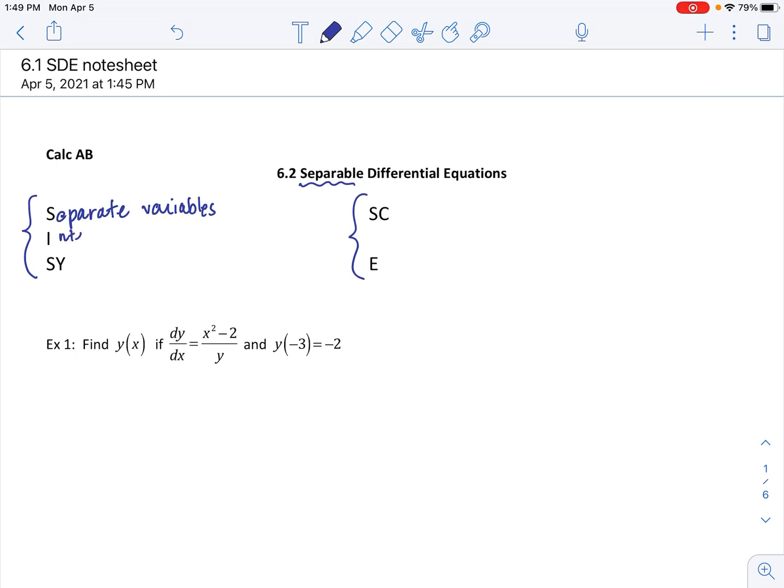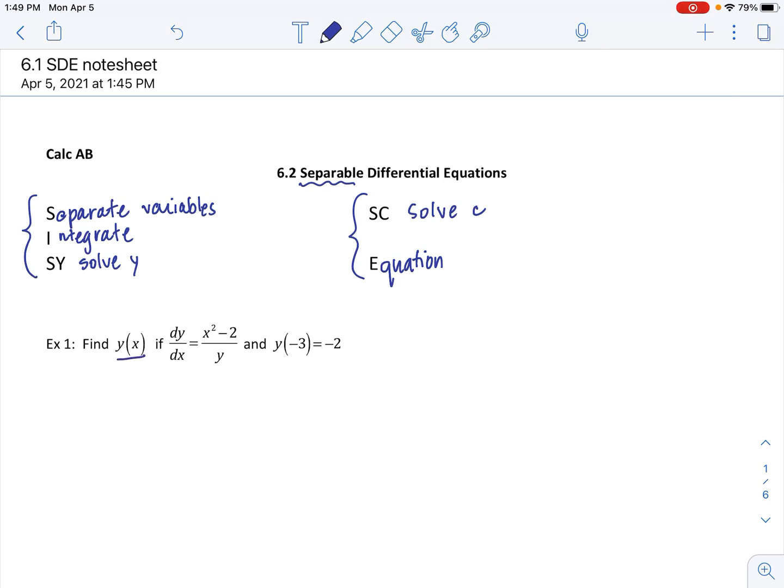After we do that, we're going to integrate, then we're going to solve for y, and then we're going to solve for c. So that's why I want to keep those separate so you remember what to do first, and then we're going to write an equation as our final answer, which you'll probably remember from earlier in our discussion about slope fields.